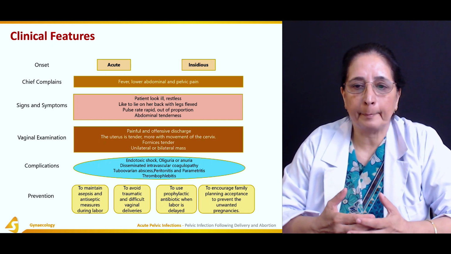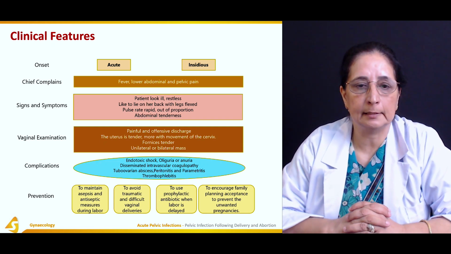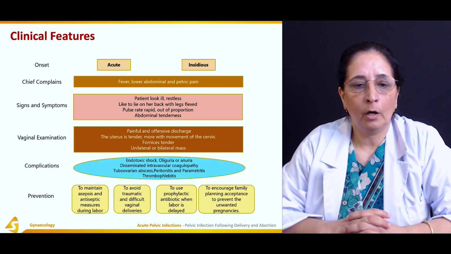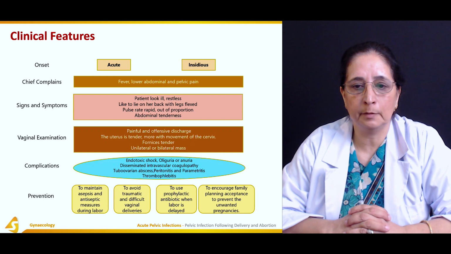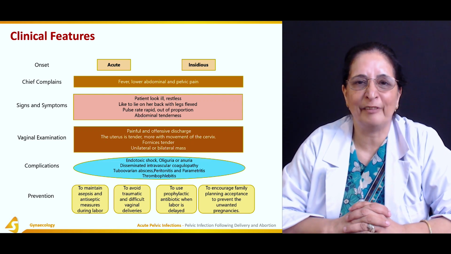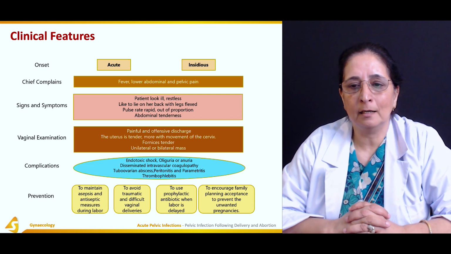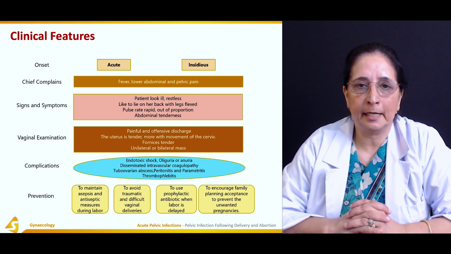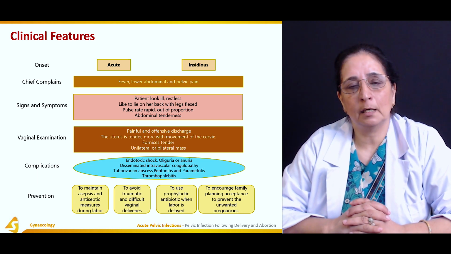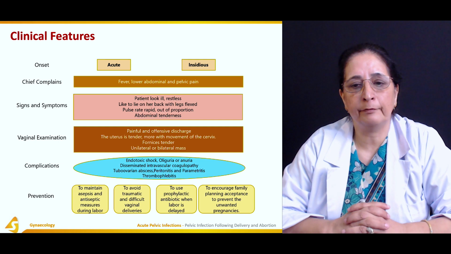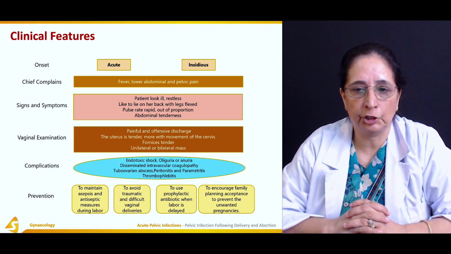Pulse is very rapid, and there is abdominal tenderness. On vaginal examination, there is usually a purulent, painful, offensive, foul-smelling discharge. The uterus is tender, there is tenderness on movement of the cervix, and usually a mass is felt on unilateral or bilateral examination.